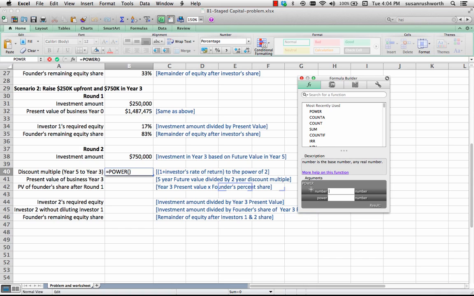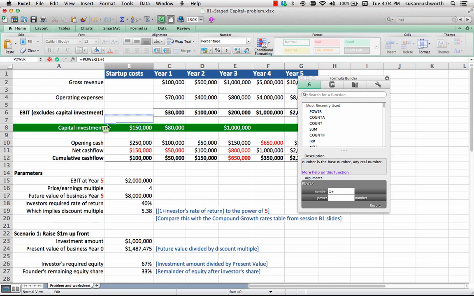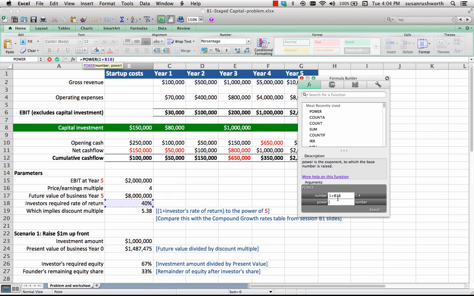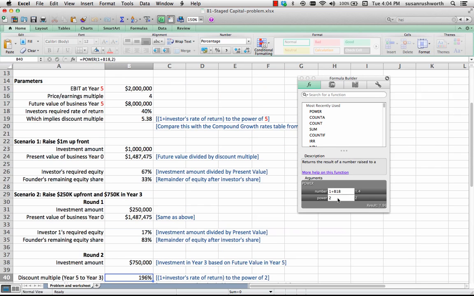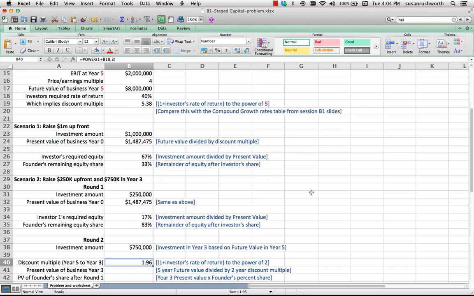Power, our number is 1 plus the interest rate, the investor's required rate of return, and it's over 2 years. Once again, it's expressed as a percentage, and I'm going to change that to a number because it's clearer. And I'll close the formula builder.